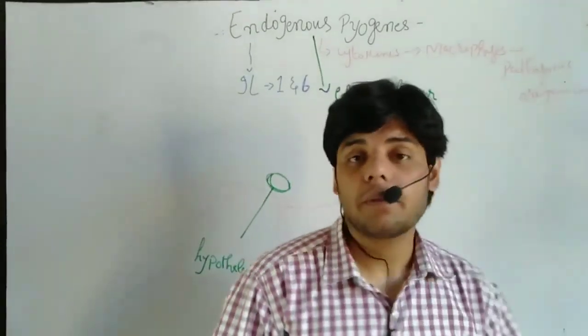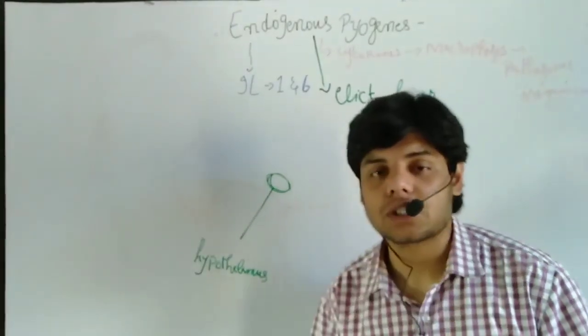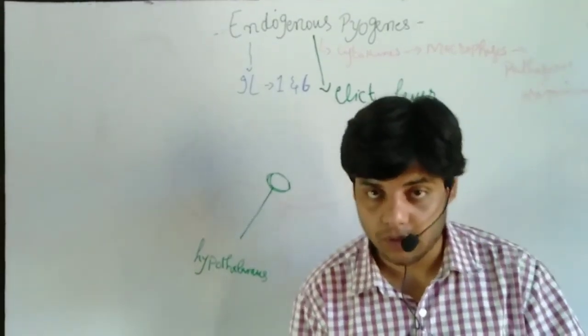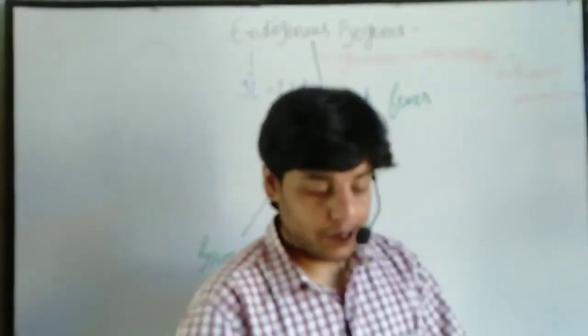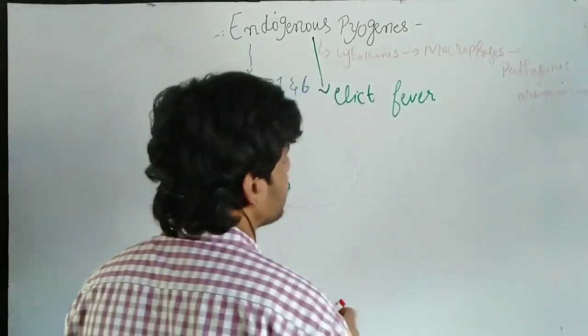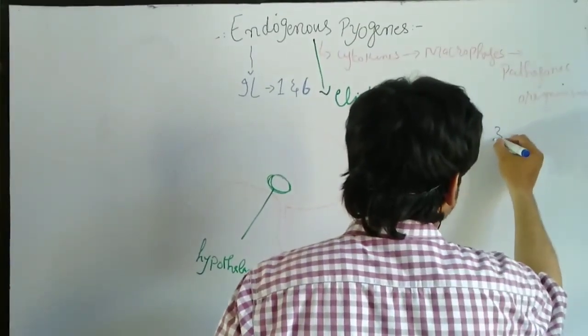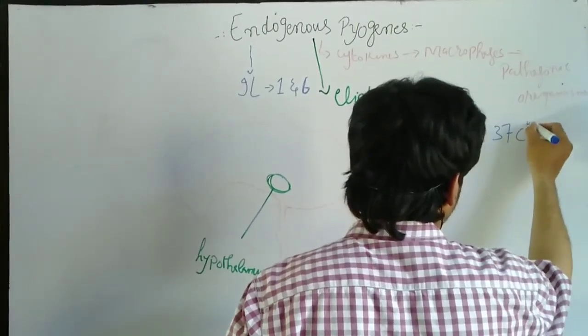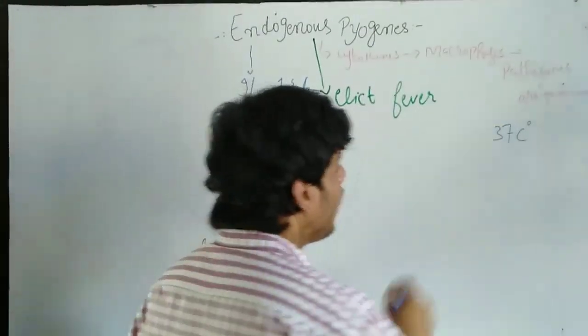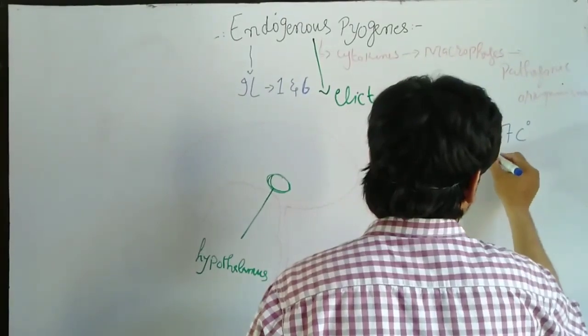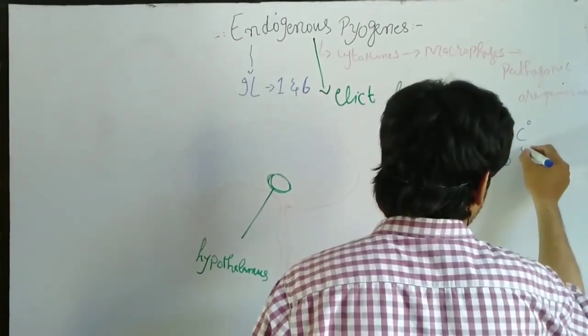Now this hypothalamus is usually responsible for regulating the body temperature. Our normal body temperature is 37 centigrade. In Fahrenheit, we have 98 Fahrenheit.